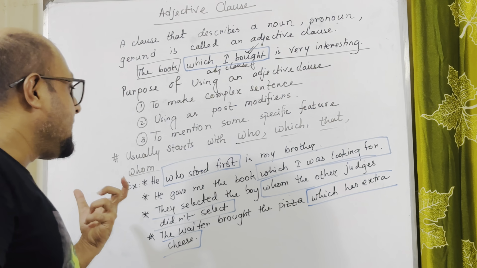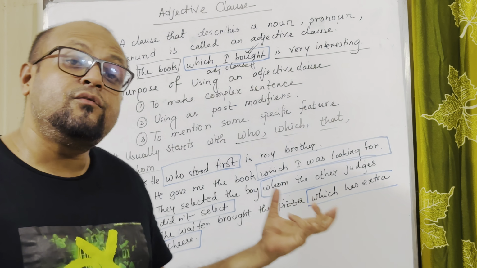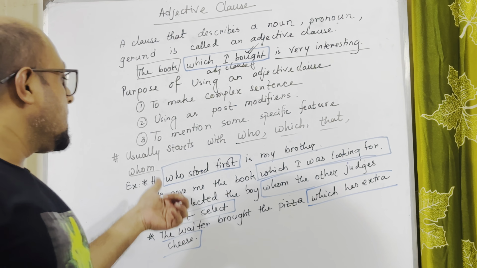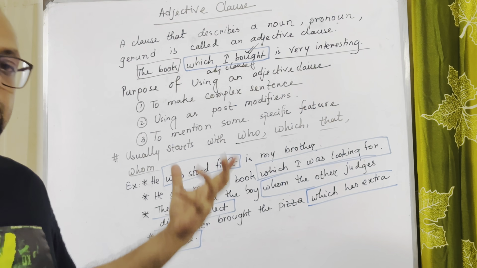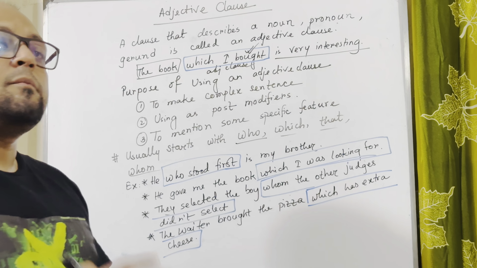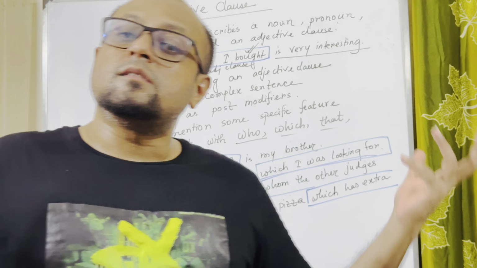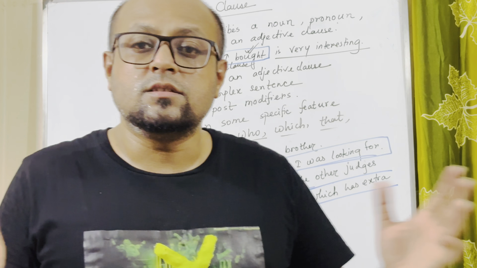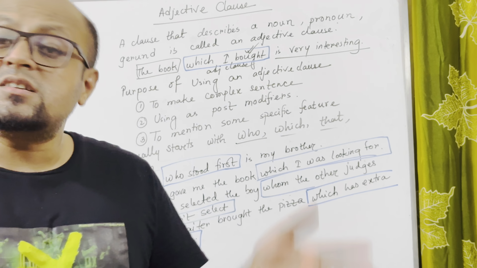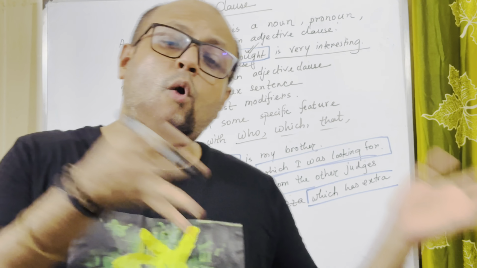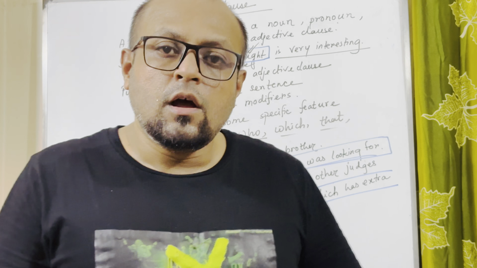Number two, he gave me the book which I was looking for. Very simple: he gave me the book. But there are many books. Using only the book does not provide the entire information, which book, what kind of book.